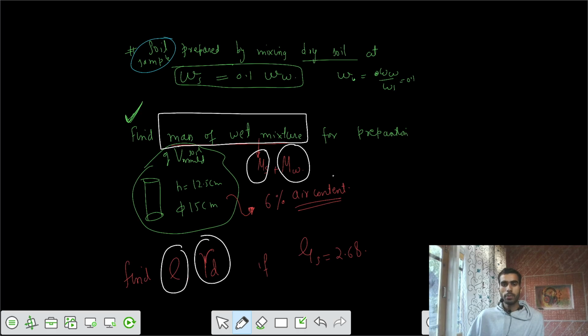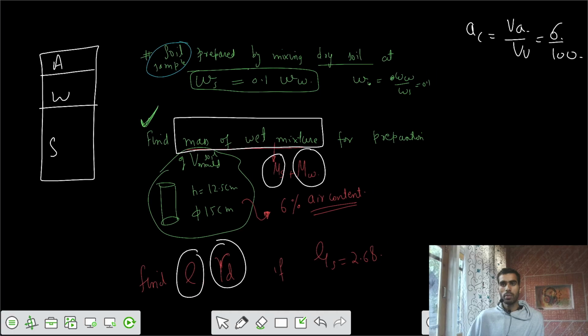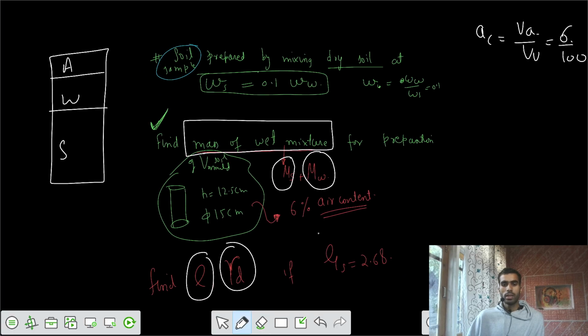So let's say that we have 6% air content. What does that mean? Air content is volume of air by volume of voids, that is 6%. If I have a general soil, we have some air, some water, and some solids, and I want the air content to be 6%. That means the volume of air should be 0.06 of the volume of voids.